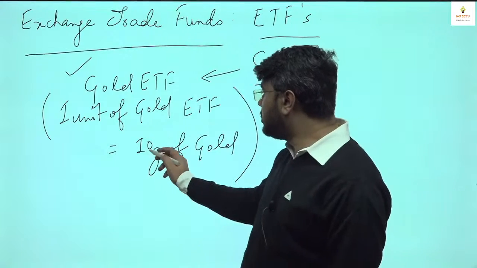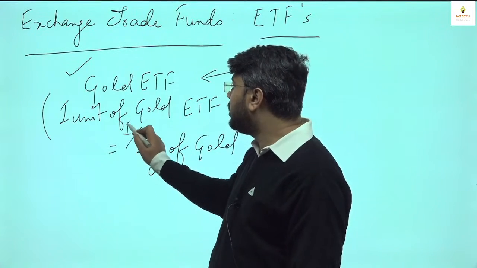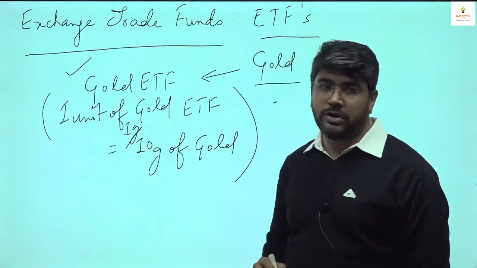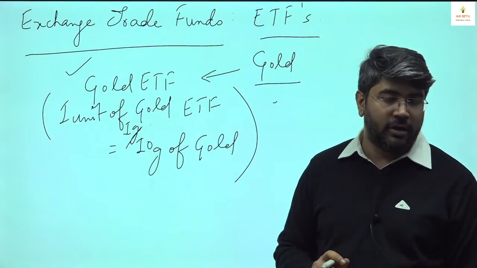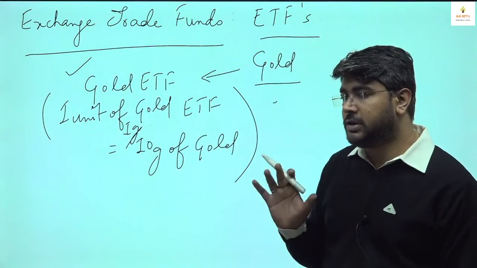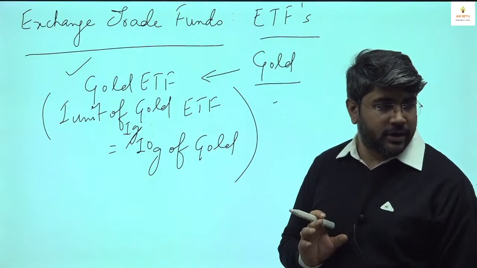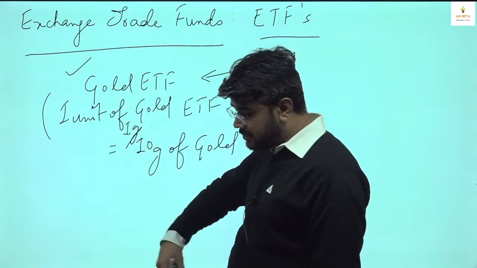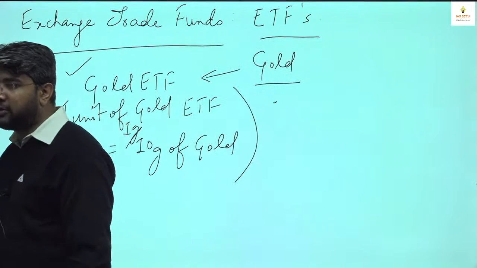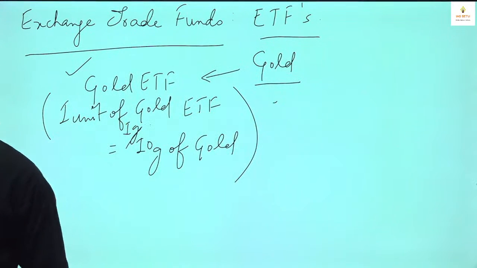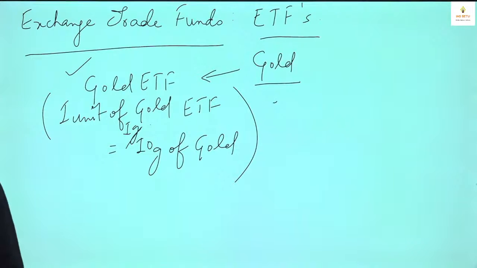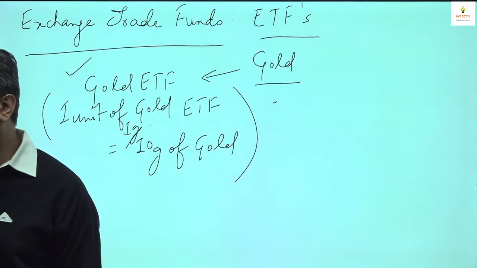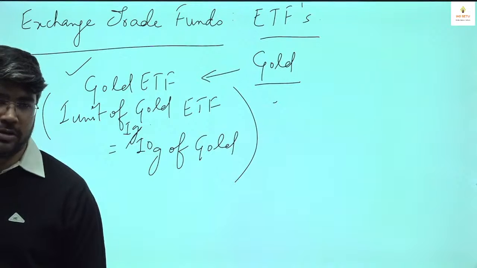Lower denomination मिलता है, जरूरी नहीं है 10 ग्राम ही हो, 1 ग्राम में भी मिलता है. AMCs ही बनाते हैं, इसे क्रिएट करते हैं, where they start tracking the value of any asset. अब ये बन गया ना, यूनिट्स बन गया, yes or no? यूनिट सेल ऑफ कर दिया, so this becomes literally like a substitute to direct investment in that physical asset. जैसे ये बन गया, substitute to direct investment in physical gold.